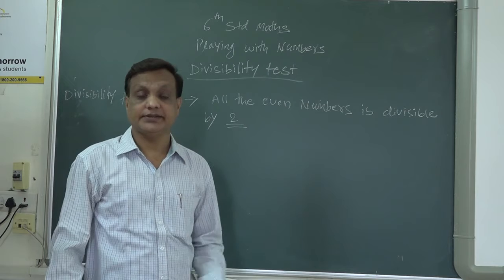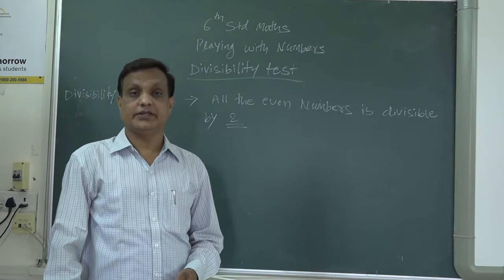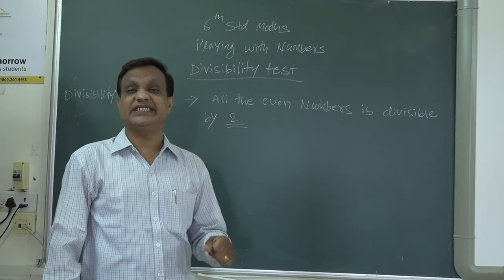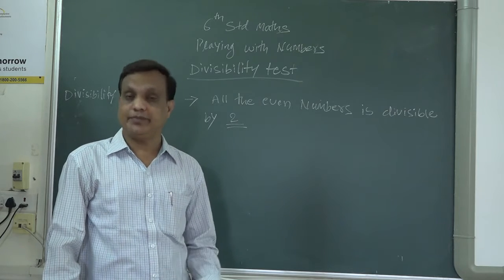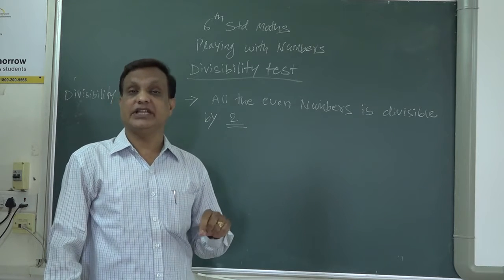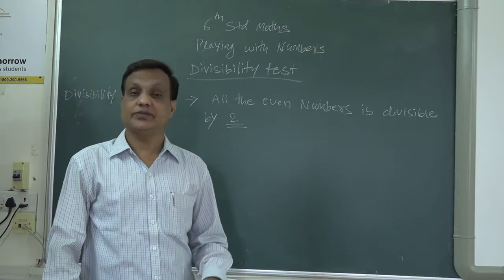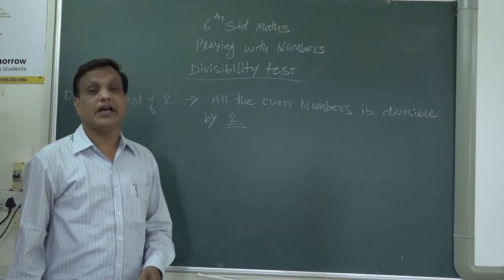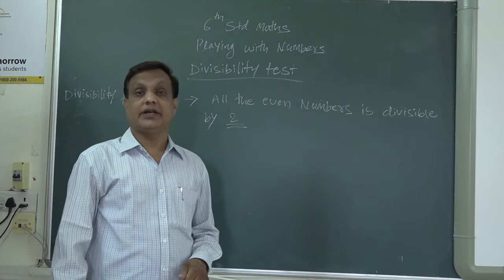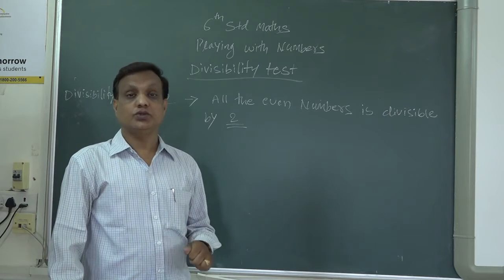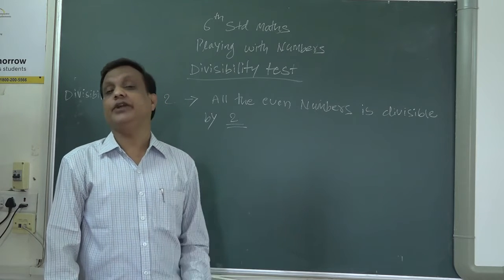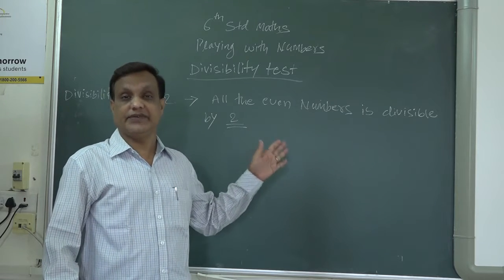Or you can say a number which has 0, 2, 4, 6, 8 in its unit place is divisible by 2. You can say both. All the even numbers are divisible by 2, and if a number has 0, 2, 4, 6, 8 in its unit place, that number is divisible by 2.